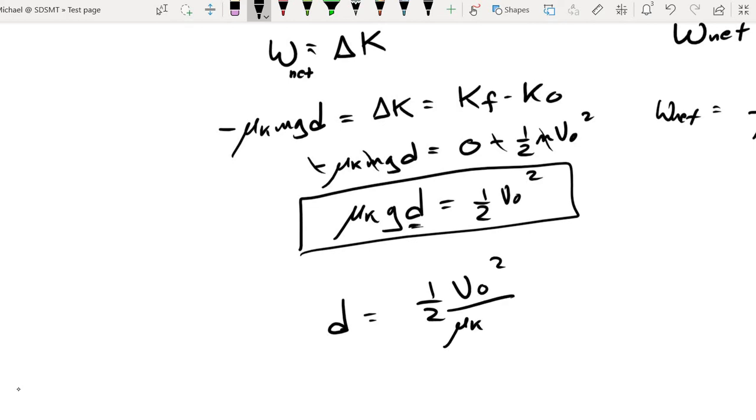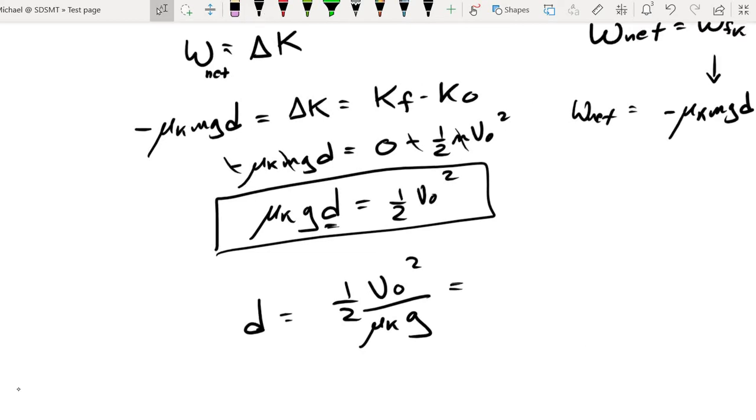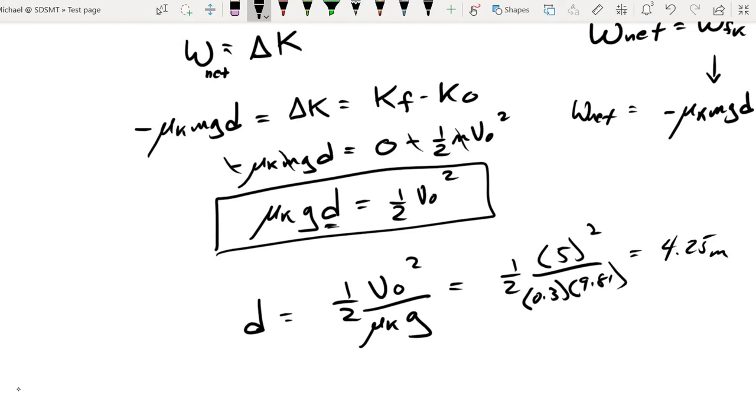All we have to do is divide each side by mu k g, and we have, let's see, what do we have for our stopping distance? Calculator time. We have 25 divided by 2 divided by 9.8 divided by 0.3 equals 4.25 meters.